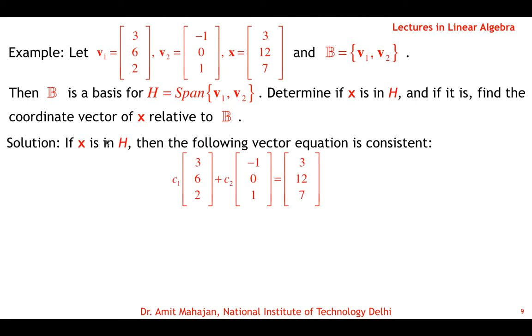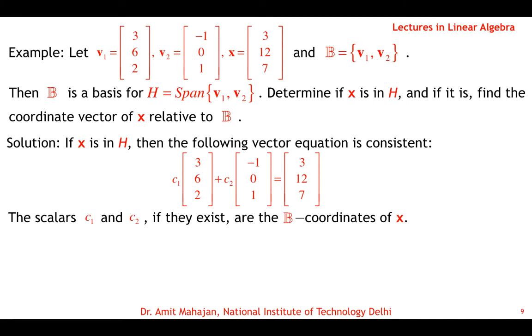So if x is in H, then the vector equation c1 v1 plus c2 v2 equals x must be consistent. These weights, when written as a column vector, become the B coordinate of x, so both things will be calculated simultaneously. The scalars c1, c2, if they exist, form the B coordinate of x.